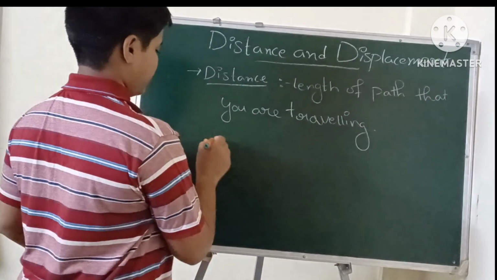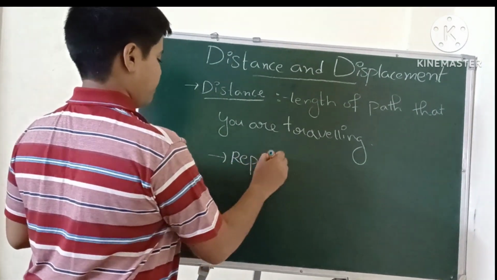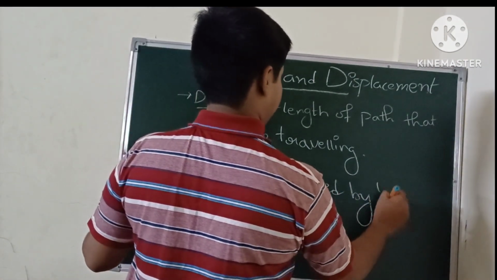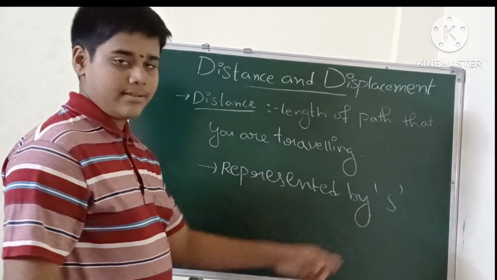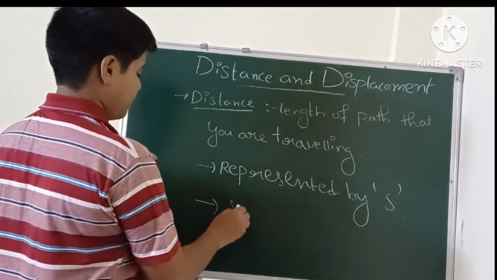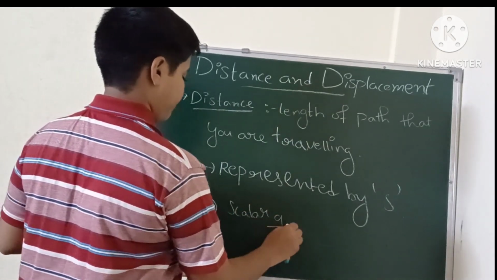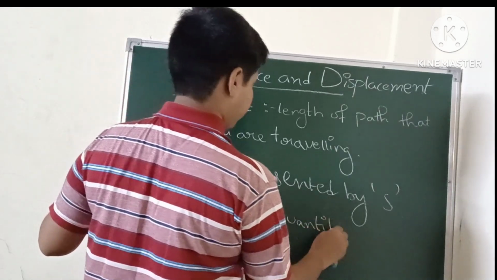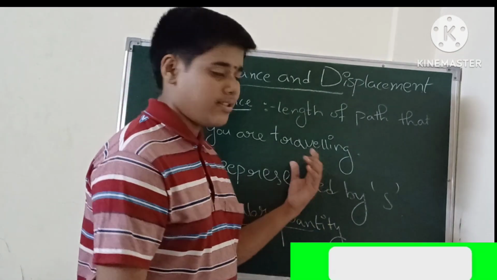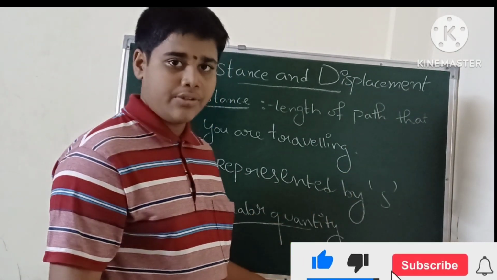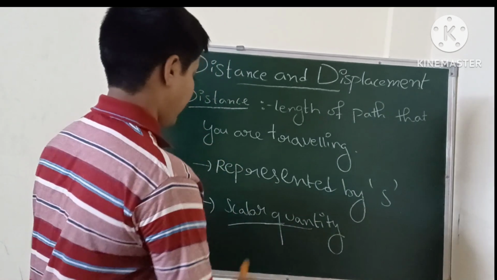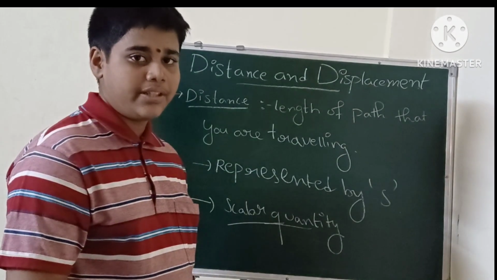Here distance is represented by S. Another point here, the distance is a scalar quantity, because this distance has only magnitude but does not have a specific direction.